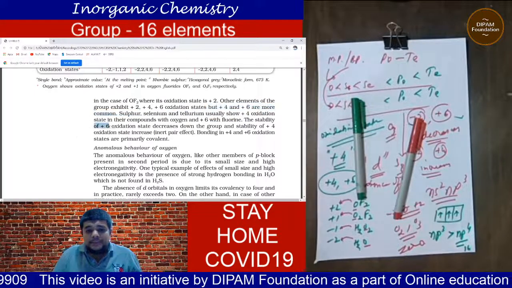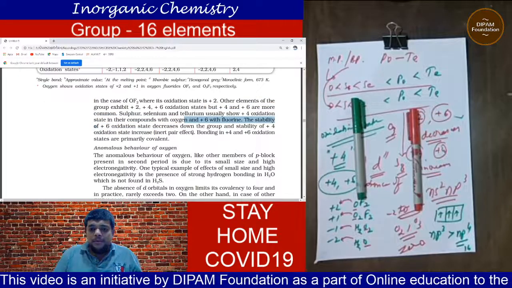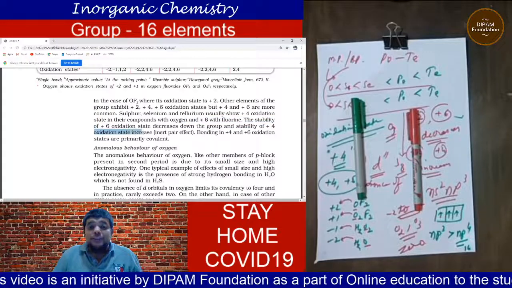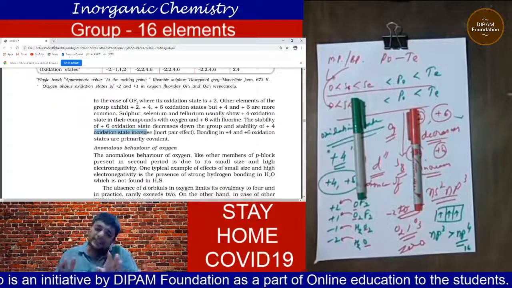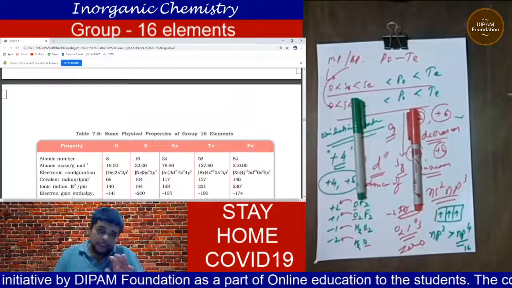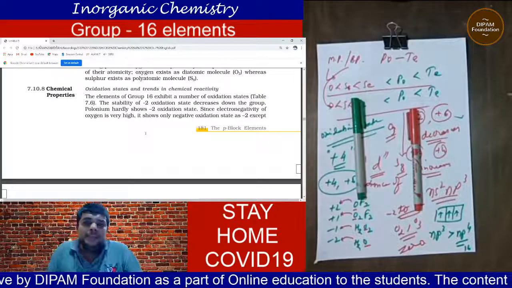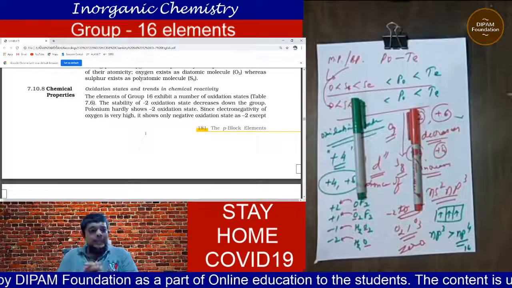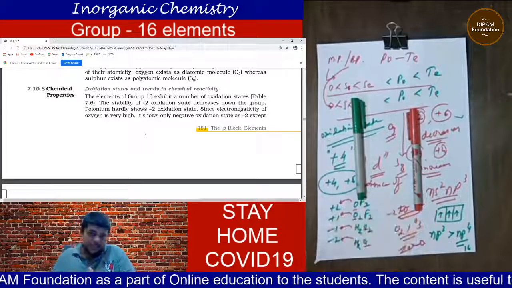The stability of the plus 6 oxidation state decreases down the group, and the stability of the plus 4 oxidation state increases down the group. So chemical properties, although they have oxidation state bound with them for the learning methodology, as per the trend that I adopted even in group 17 and group 18, I am going to keep this oxidation state always intact with these physical properties.